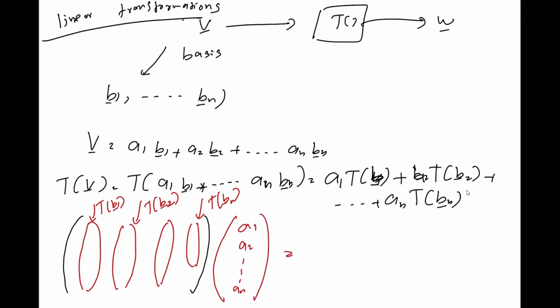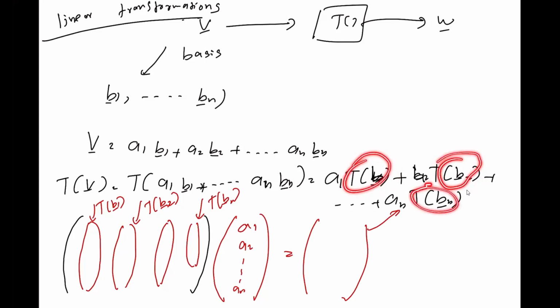Now what will I get? I will get a vector exactly the same as this, because it is a linear combination of the vectors T(b1), T(b2), T(b3) and so forth. If I take these as the column vectors of a matrix and write a matrix product like this, I get the same linear combination.